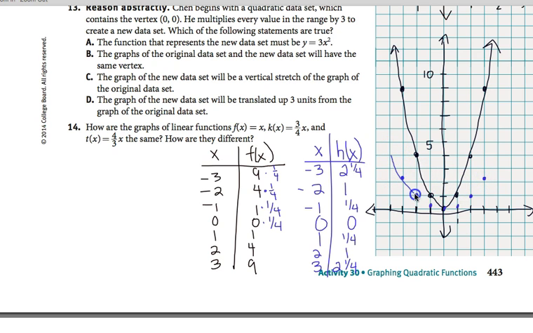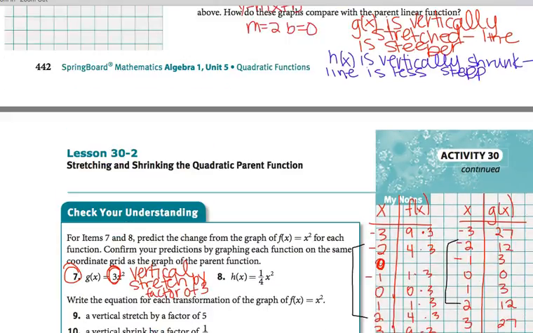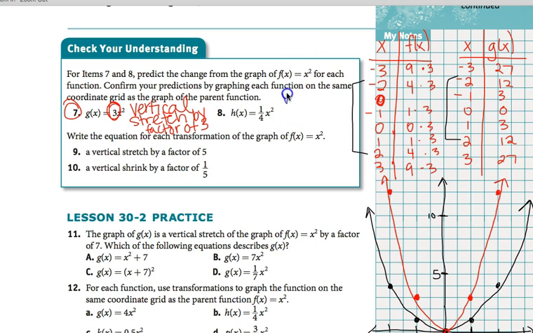So if I connect my dots here, there is my graph. We can see by the graph that we have made it wider, which means what has happened here is that that is a vertical shrink. And again, we list how much, so by a factor of 1/4.